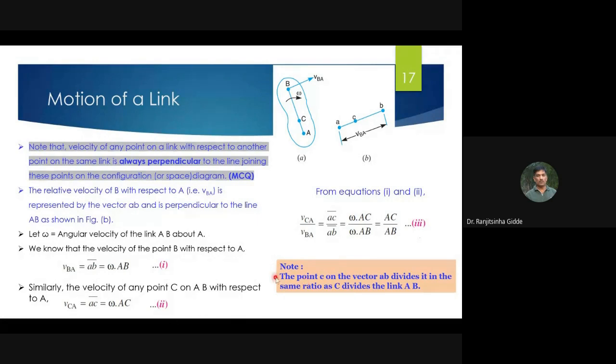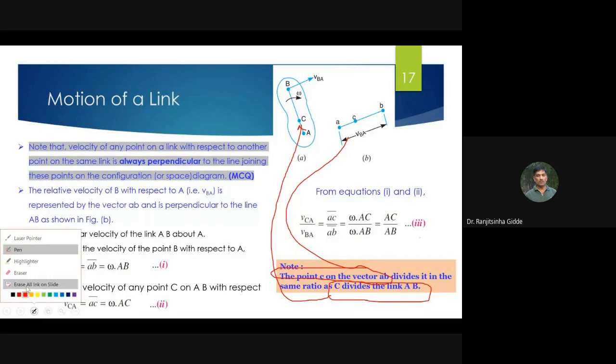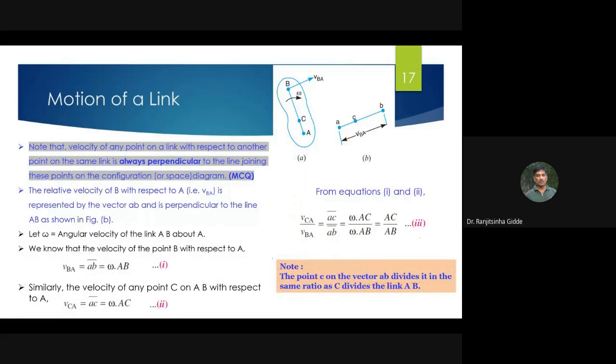So in other words, the point c on the vector ab divides it in the same ratio as C divides the link AB.